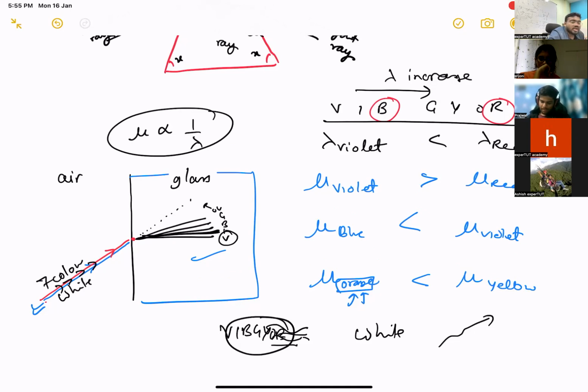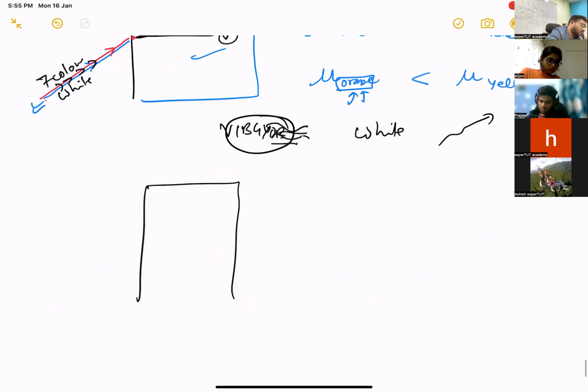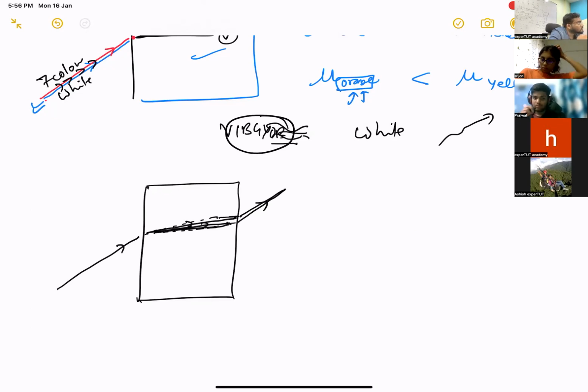Now why does it happen? Why does it not happen in a glass slab? In a glass slab, a slight separation happens here, a slight separation, okay? It becomes a little separated, but then the separation combines again here. So the separation happens, but it is very little.